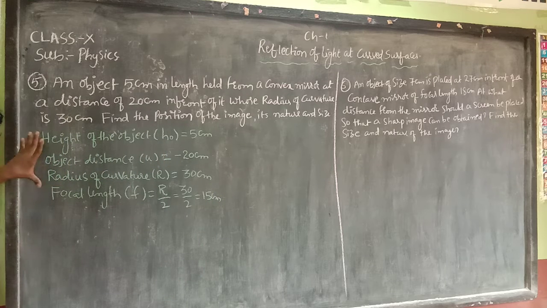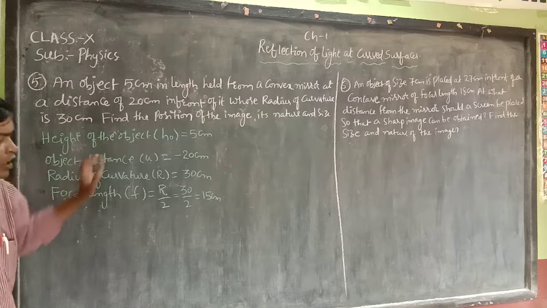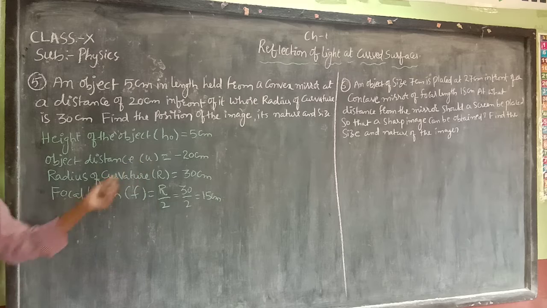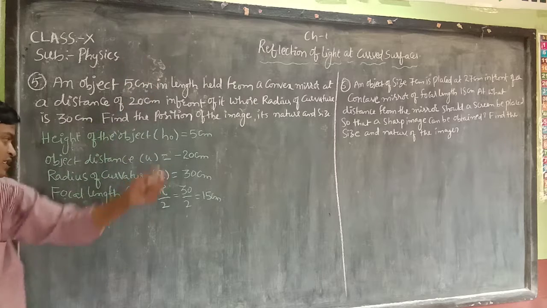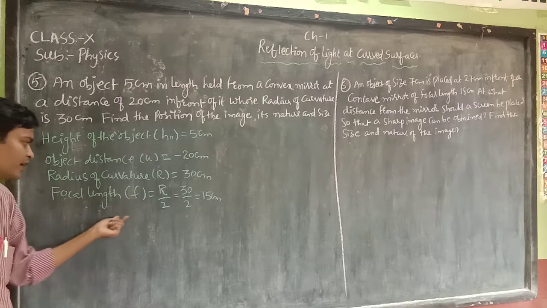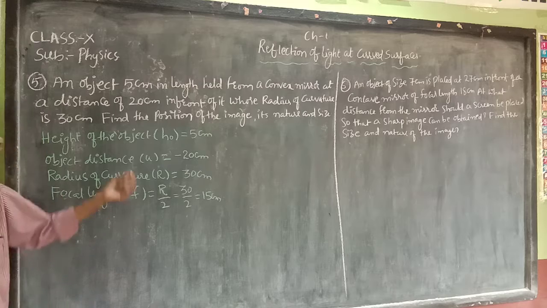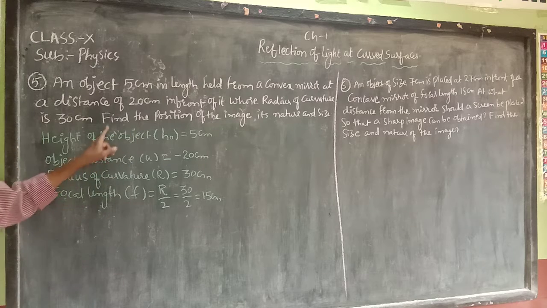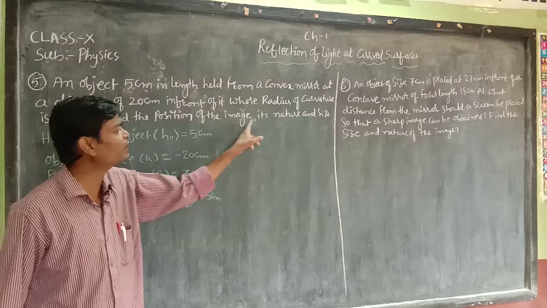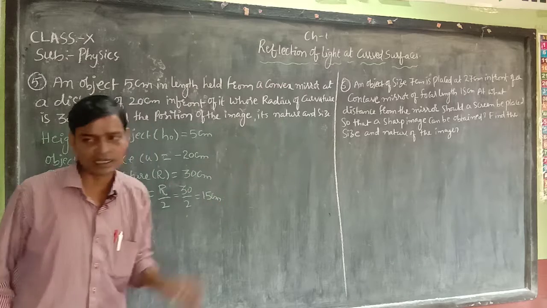This is the data given in the question: the height of the object, object distance and radius of curvature are given. From the radius of curvature we have found the focal length. What we have to find is the position of the image, its nature and size.